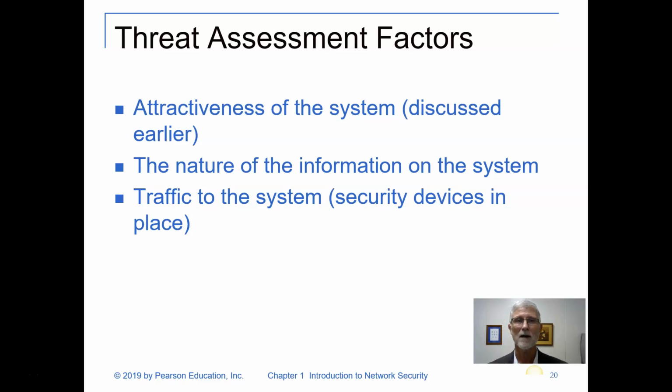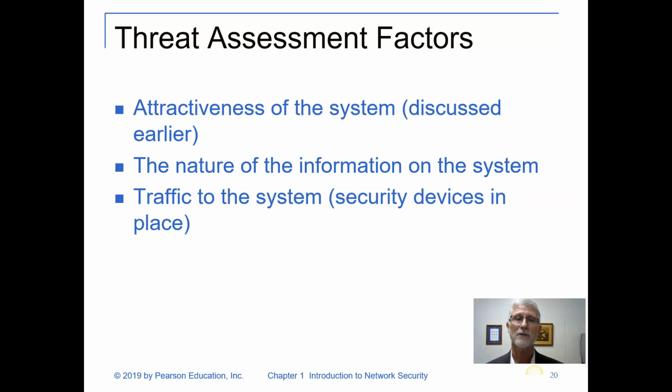Some of the factors you have to worry about: how attractive is my network? What's my business, and how attractive is that information that people want to get into? Banks, credit card companies, stealing credit card numbers and identity theft. Those are big attacks for the major players. So it boils down to how attractive it is and what the nature of the information is. How much traffic goes into that network?